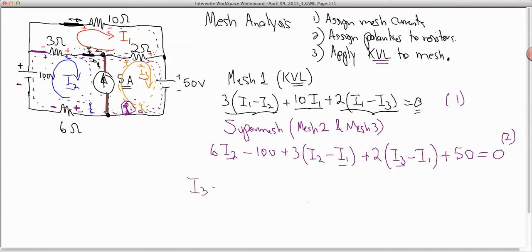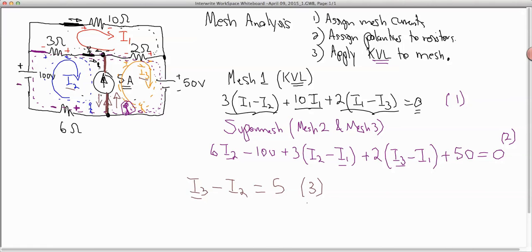I3 minus I2 is equal to 5. Why? Look. We have 5 amperes going here. From this mesh, we have I3 going up, but from this side we have I2 going down. And because 5 is going up, that's why I3 is the one that is positive. So I3 minus I2 is equal to 5, and this is the third equation.